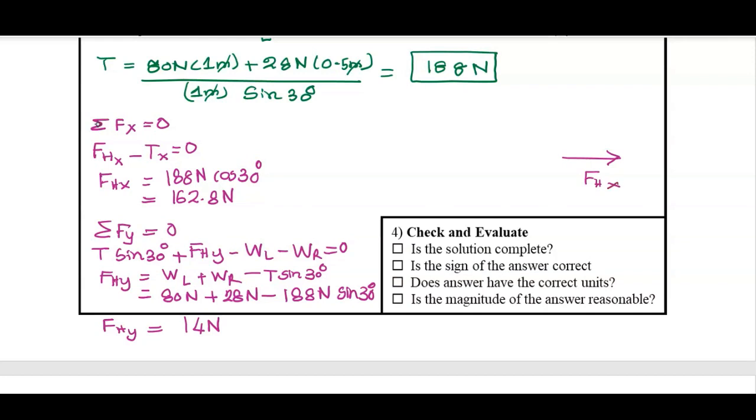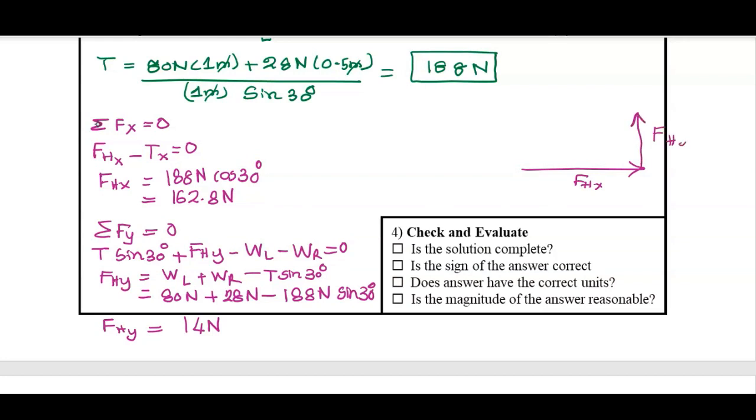All right, so now I have the x component of the hinge force acting to the right, and the y component of the hinge force acting up. Pay attention to the relative magnitudes of the forces. The x component is large when compared to the y component of the hinge force.